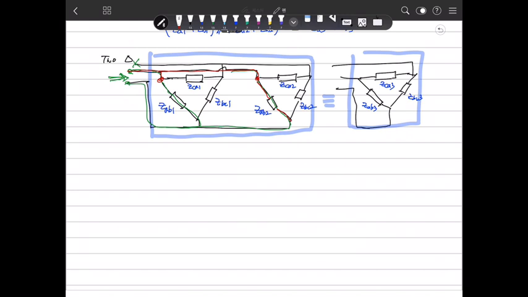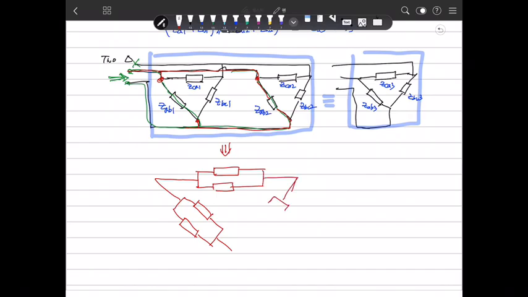That and that is the line here. This is common here. This is common here. So you can redraw it like that.